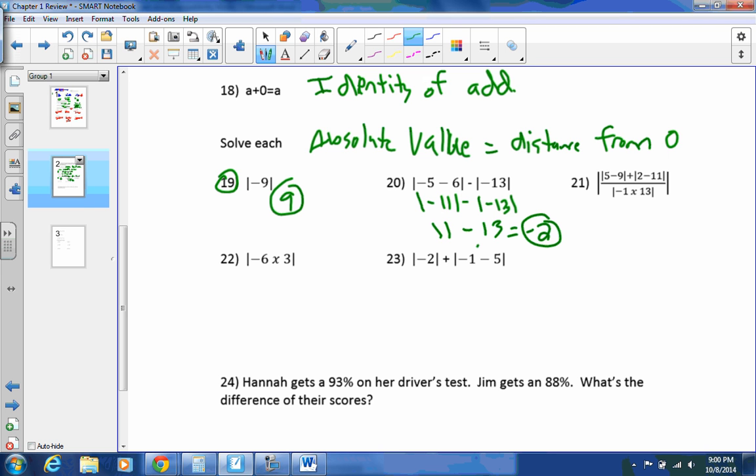All right, number 21 is pretty complicated, but it's not too bad. Let's start simplifying things inside first, and I'll use red for up here. 5 minus 9, you get -4. That's still in the absolute value symbols. Plus 2 minus 11 is -9. And then down here, -1 times 13, so that's -13.